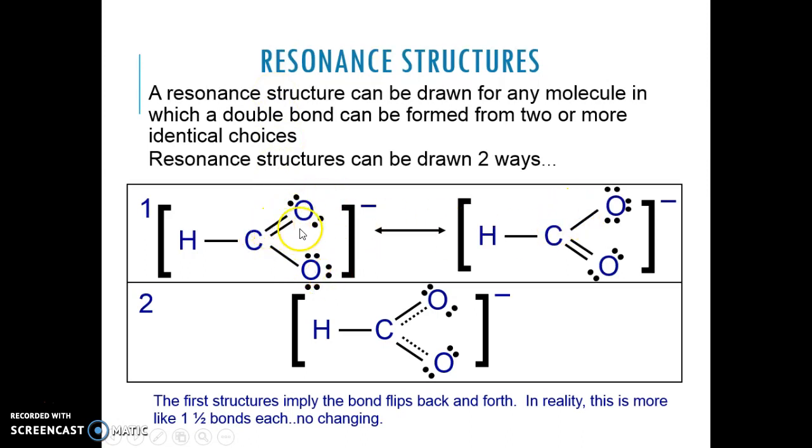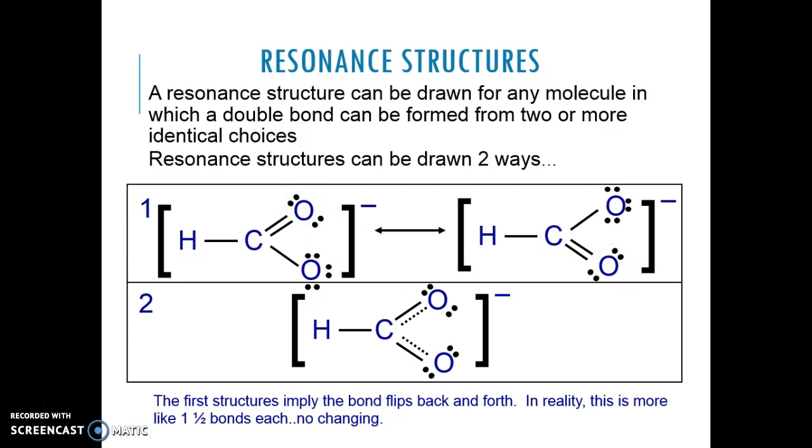But what says that it's the top one that has to have the double bond? Why couldn't it be the bottom one? So resonance implies that, well, the structure really flip-flops between these two. So sometimes the double bond is up here, sometimes the double bond is down here.